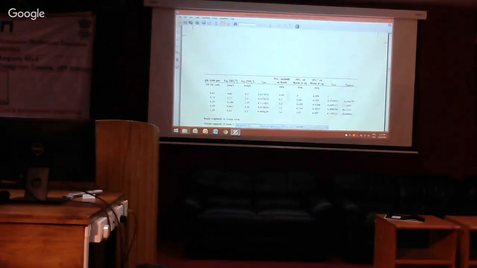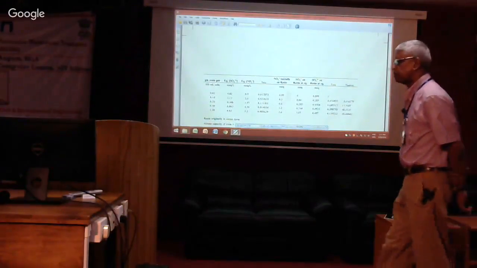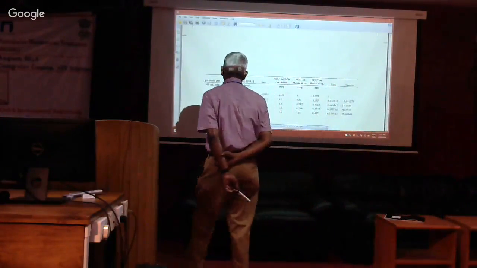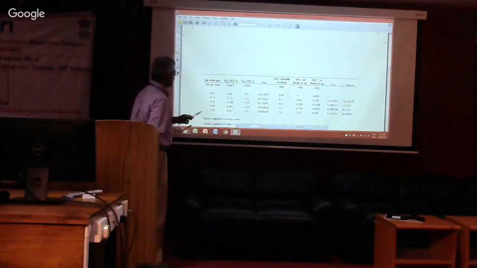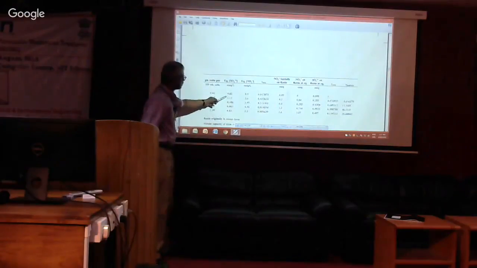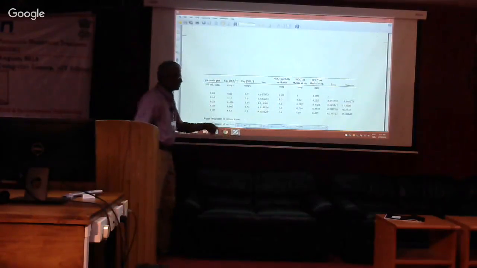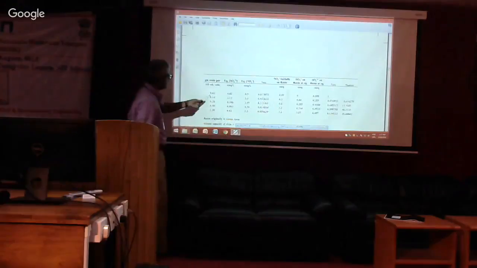Once you equilibrate the resin, typically we do it over 24 hours. Say after 12 hours or so you will get equilibrium, but we run it a little longer just to be on the safe side. After that, the sulfate concentration reduces and the nitrate concentration increases, and these are the values.